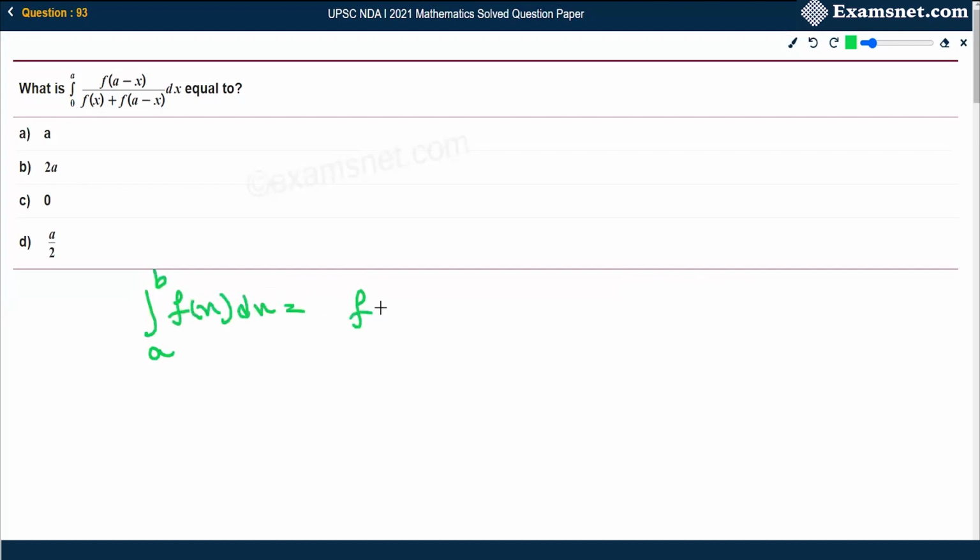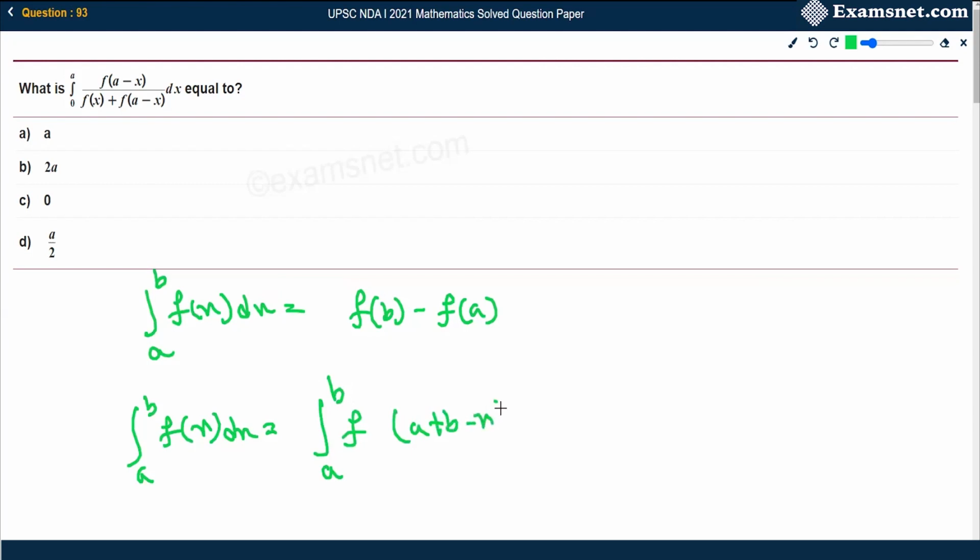It will give us the value F of b minus F of a, correct? Next, integral from a to b of f of x dx is also equal to the integral from a to b of f of (a plus b minus x) dx. Remember, we are going to use these rules somewhere in the solution.